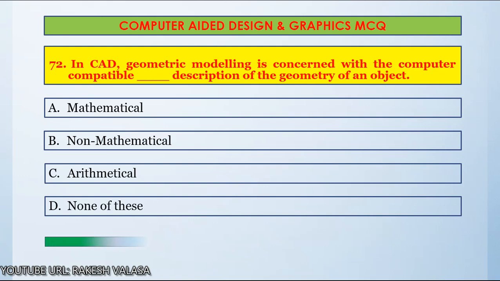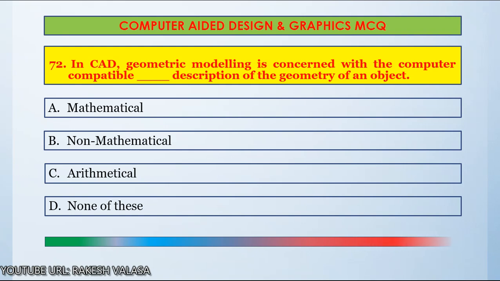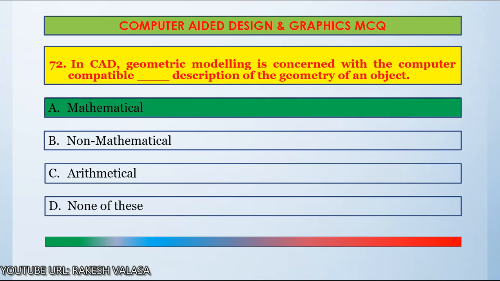If you know the answer, please post in comment section. Time up. The answer is mathematical. In CAD, geometric modeling is concerned with the computer compatible mathematical description of the geometry of an object.